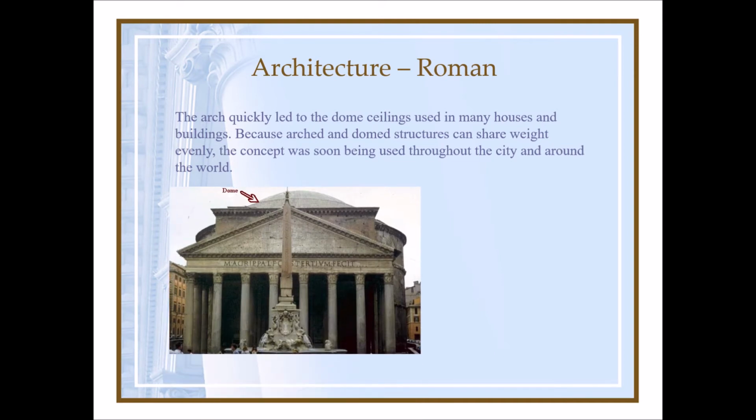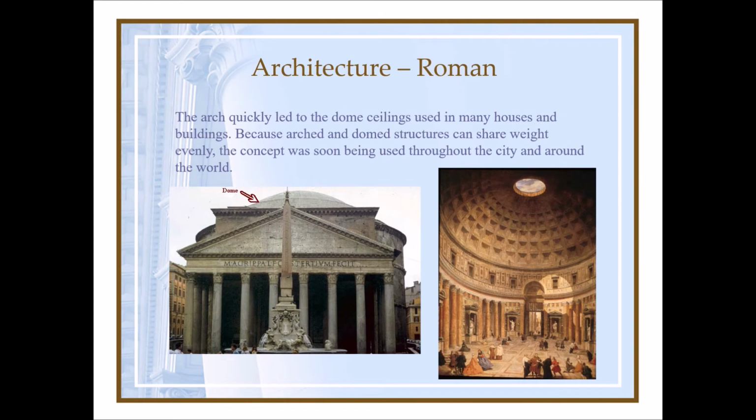They could create buildings free of columns by using the system, and they could create domes that are hollow inside, with no columns in the interior to disturb the view of the people inside.